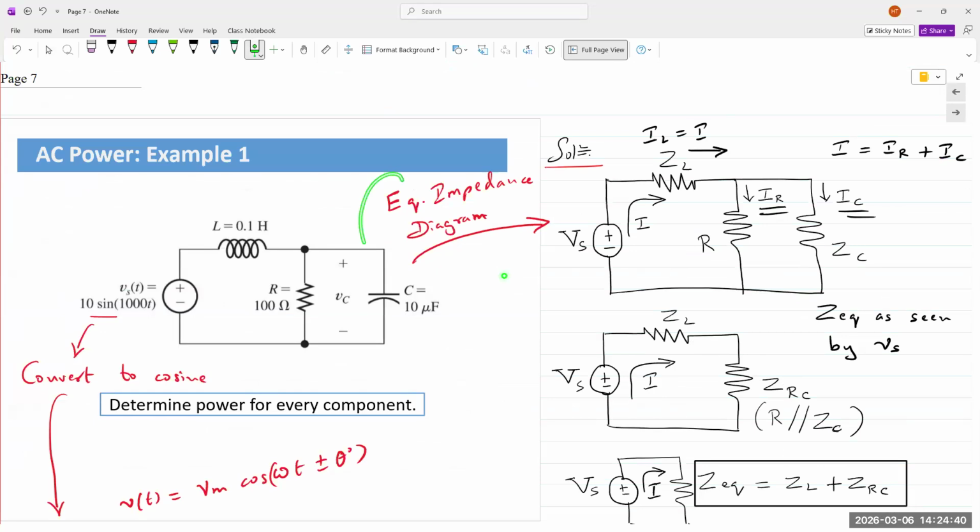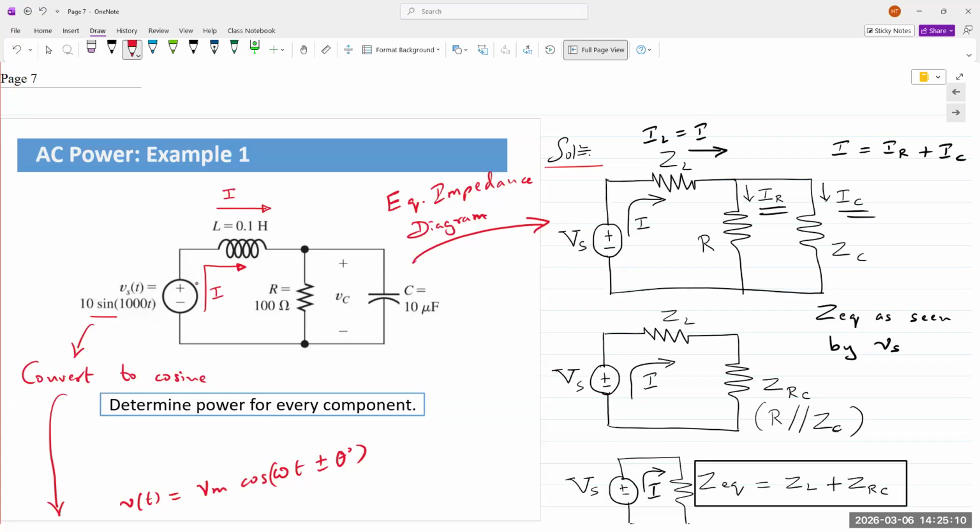First, I'm going to draw the equivalent impedance diagram. Chapter 5, AC analysis. Equivalent impedance diagram means I have everything replaced with its complex quantity. The voltage source Vs is represented as a phasor for Vs. We have current I coming from the source.